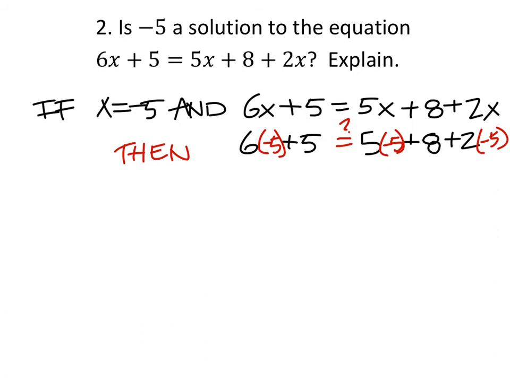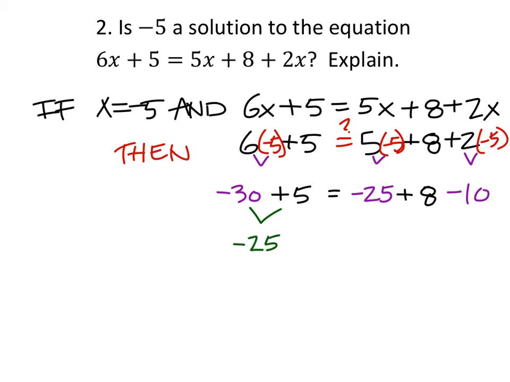All right, so 6 times negative 5 is negative 30. 5 times negative 5 is negative 25. This is just order of operations stuff. 2 times negative 5 is negative 10. So I've got negative 30 plus 5. Does it equal negative 25 plus 8 minus 10? Negative 30 plus 5 is negative 25, and we could do that with a calculator if we needed to.